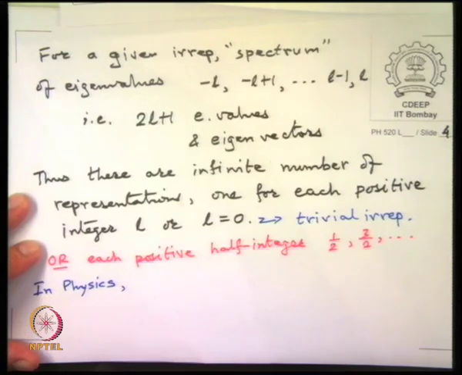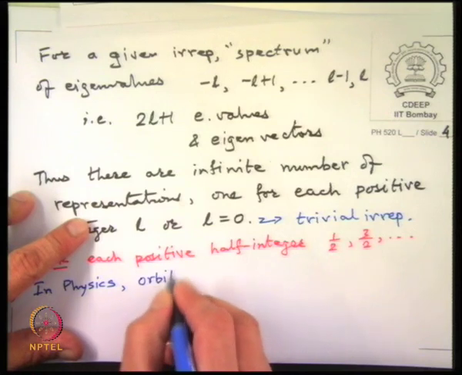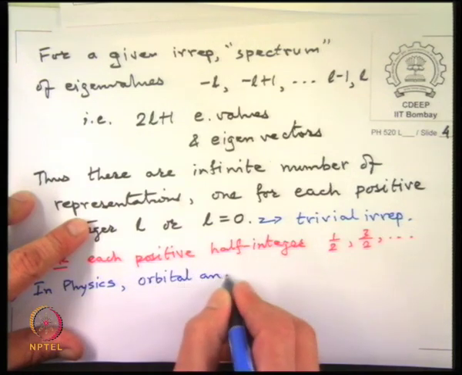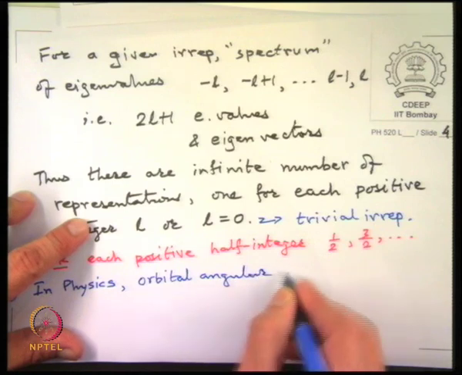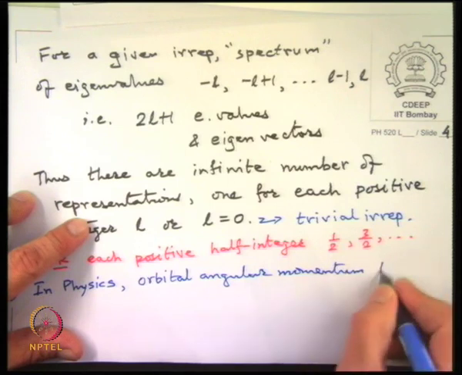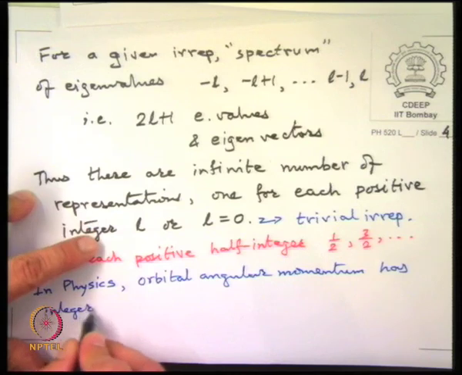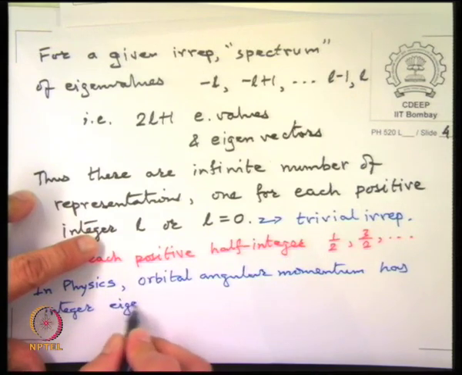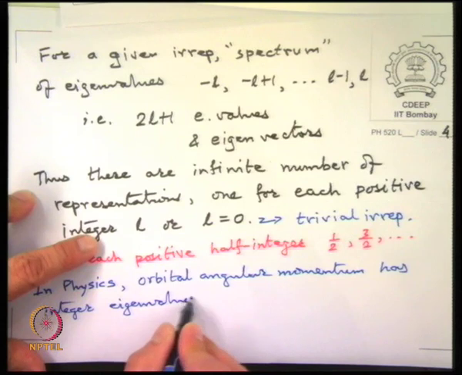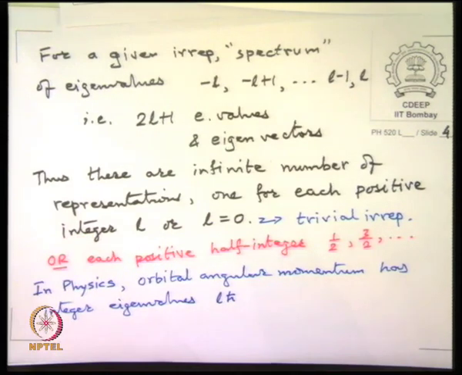the so called orbital angular momentum has integer eigenvalues L h cross, while spin has the half integer eigenvalue. Spin can have either integer or half integer.